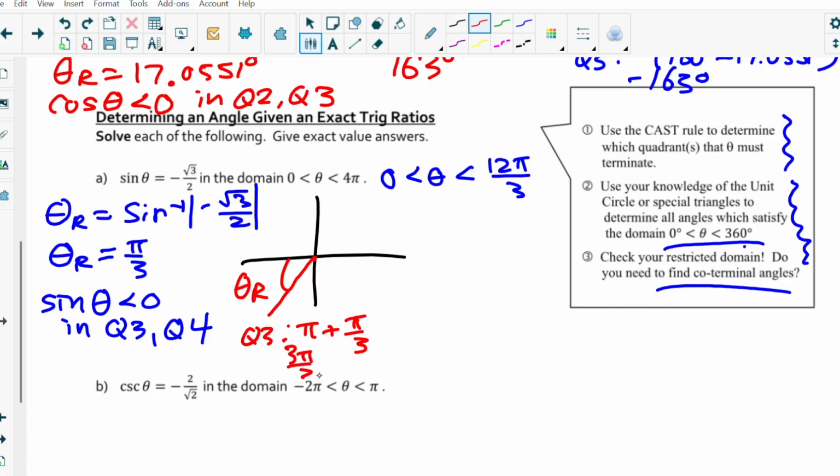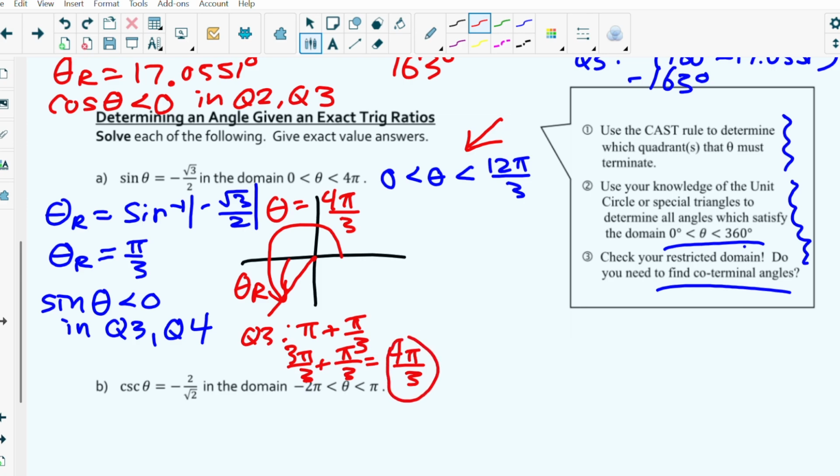That's 3 pi over 3 plus pi over 3. That's 4 pi over 3. So my angle in standard position is 4 pi over 3. Okay, am I within my domain? I am, right? So I still am within my domain for this value. So keep that there, okay?